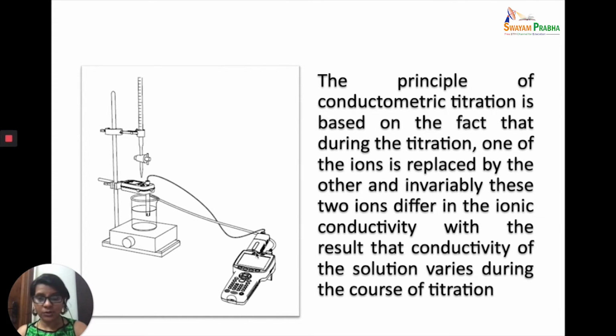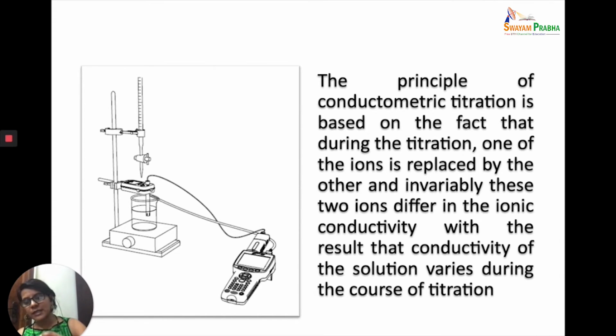We have already talked about this in the previous E-classes. We put a conductivity cell attached to a conductance bridge into the beaker and monitor the changes in the conductance of the solution where the conductivity cell is dipped by adding the solution from the burette. So we are adding the titrant to the titrand and monitoring the changes in the conductance of the titrand through the conductance bridge and the conductivity cell setup.